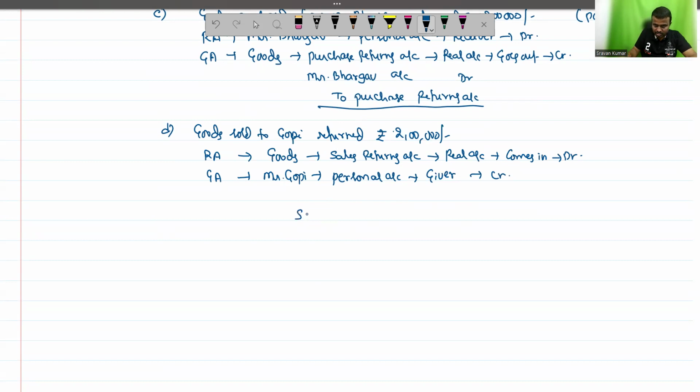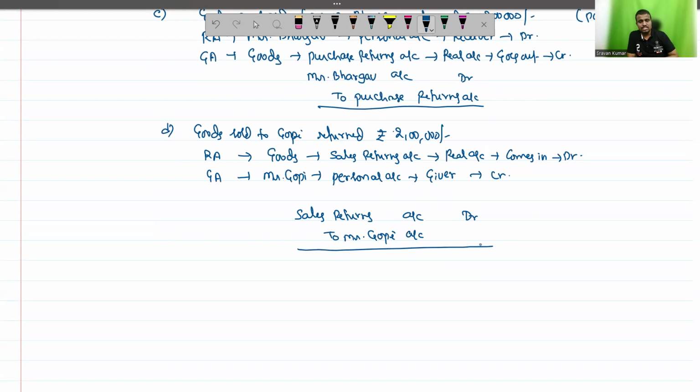So we write the journal entry: Sales returns account debited to Mr. Gopi account. So these are the transactions involved in relation to the goods.